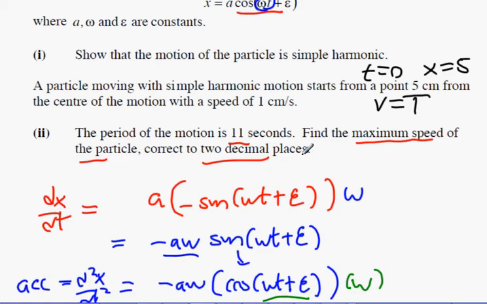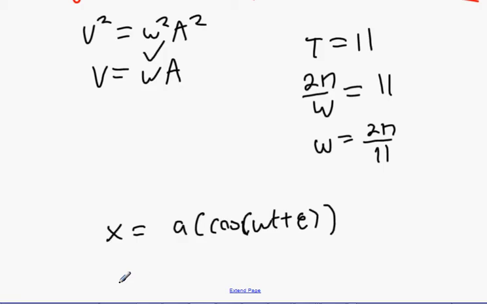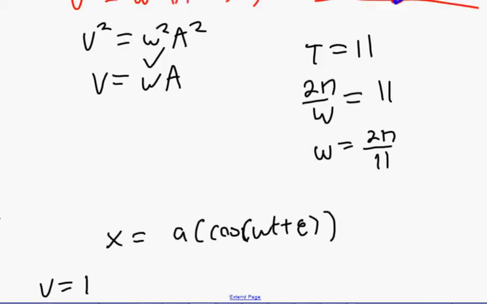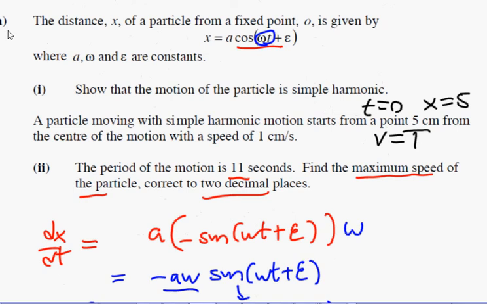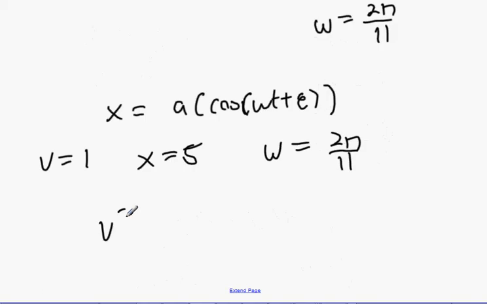So what do we have? v is 1, and x equals 5. And I know that w equals 2 pi over 11. So I think we could actually use this formula again as opposed to whatever way I did it there.